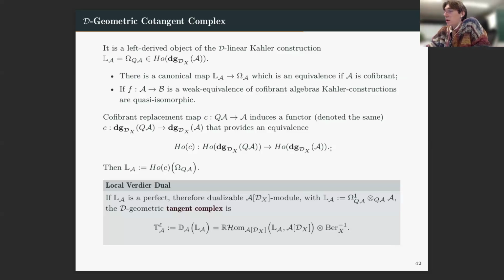And so our so-called tangent complex will just be the appropriate D-module or Verdier dual object of this. This is because L of A, the D-geometric cotangent complex, is a differential graded A-module in left D-modules. Dualizing it, as I said before, produces for us a right D-module. So tensoring again, twisting by this dualizing sheaf will produce us back an object. So this is a functorial construction.